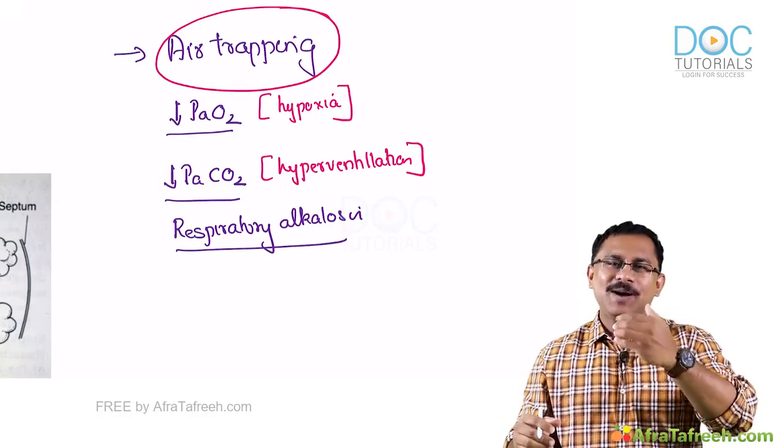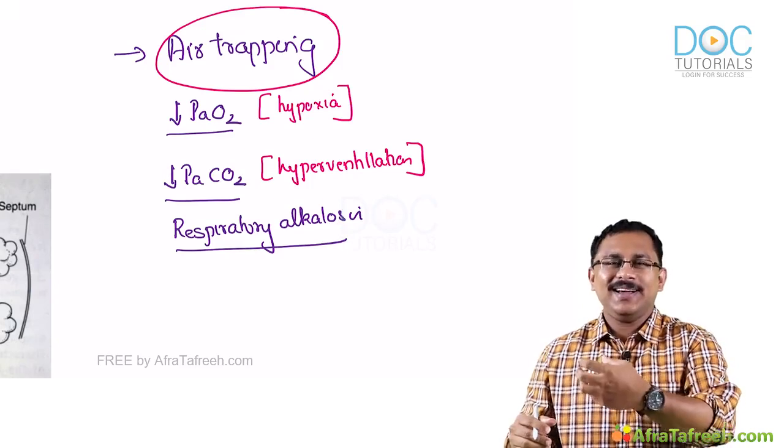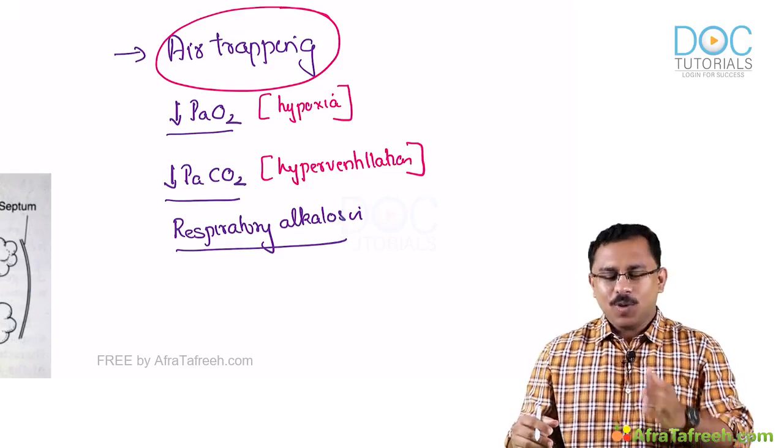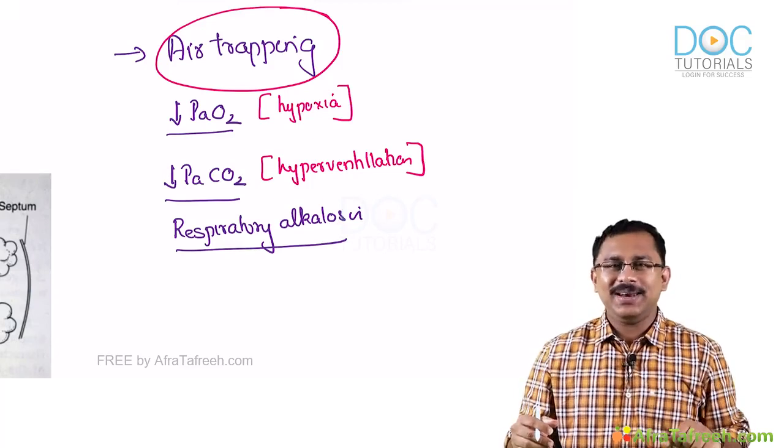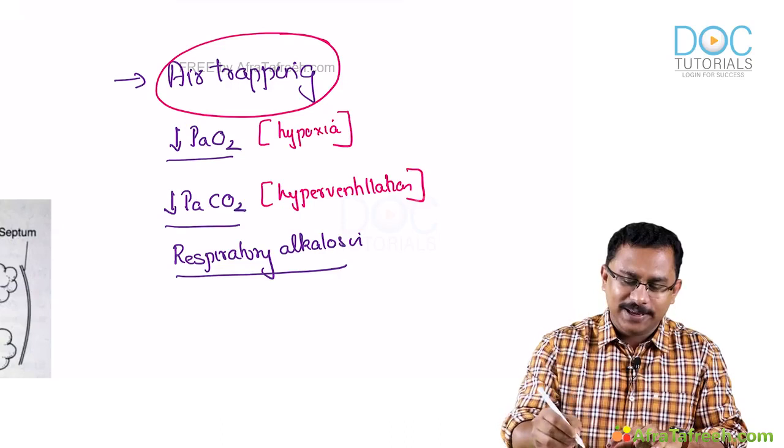So when emphysema progresses, you tell me, if you have watched my respiratory failure module, what type of respiratory failure will happen here? This is going to be a type 1 respiratory failure, correct?